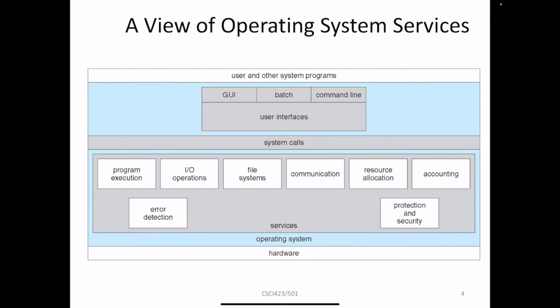When user programs or other system programs request a service from the system, after the operating system receives the service request through the system call, the corresponding service will be triggered to respond to this system call. The services can be divided into many categories. For example, program execution service.